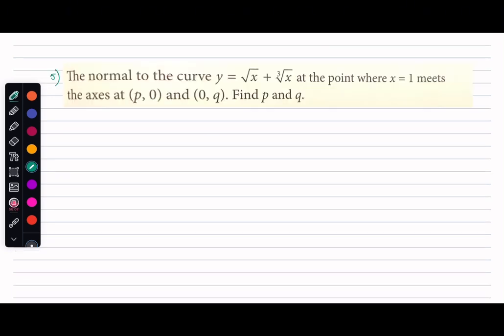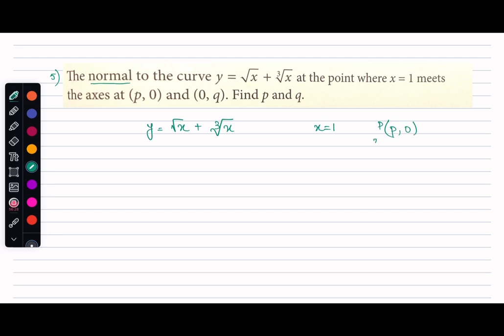So the next question says the normal to the curve. Now in this question we have the normal to the curve y equals under root x plus cube root of x at the point where x is equal to 1, and it's meeting the axes at P comma 0.